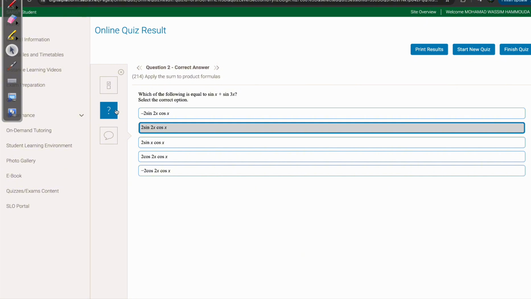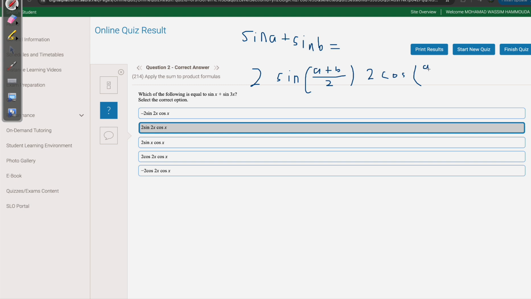Okay, and the rule is, here we have sine A plus sine B is equal to 2 sine (A plus B) over 2 times cosine (A minus B) over 2.